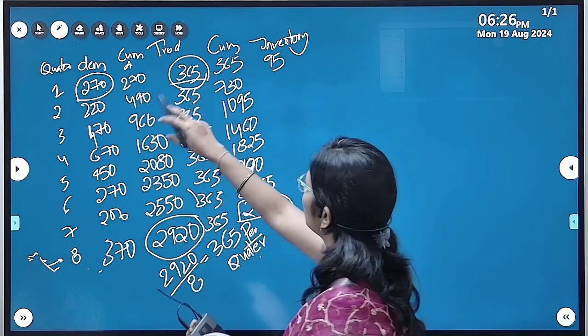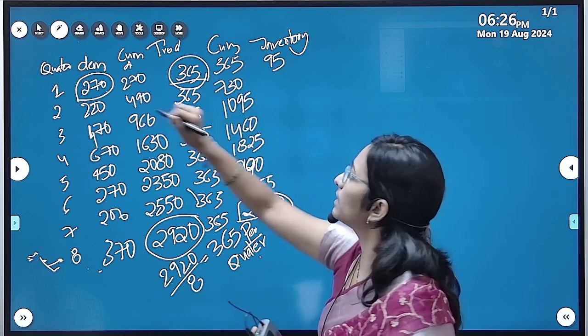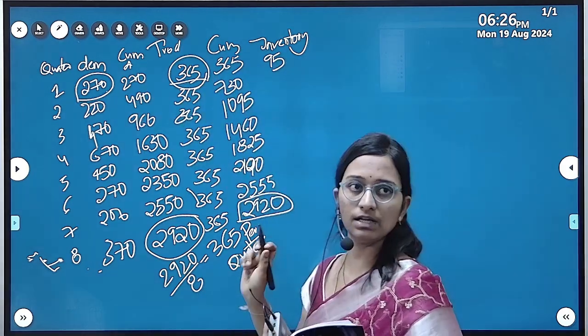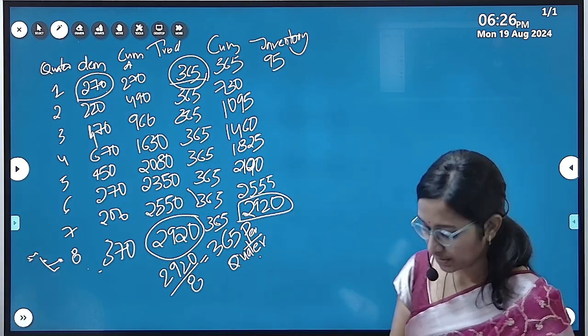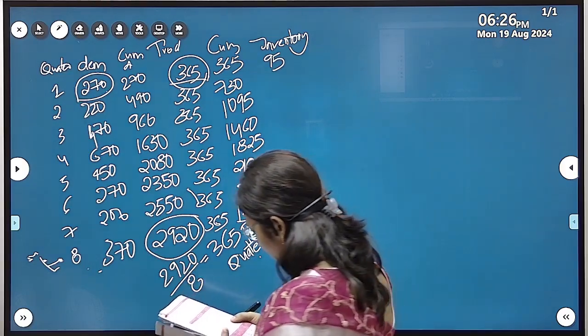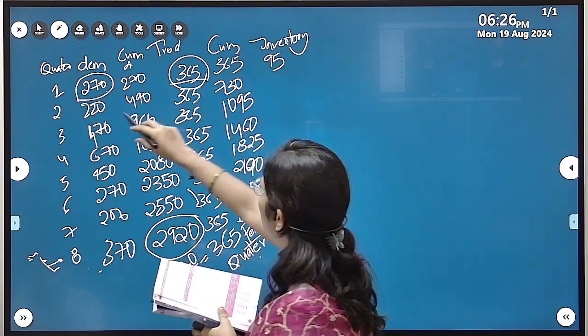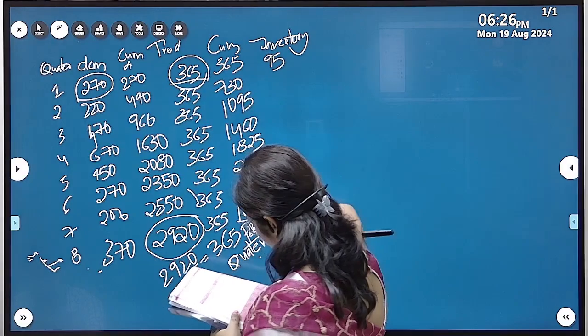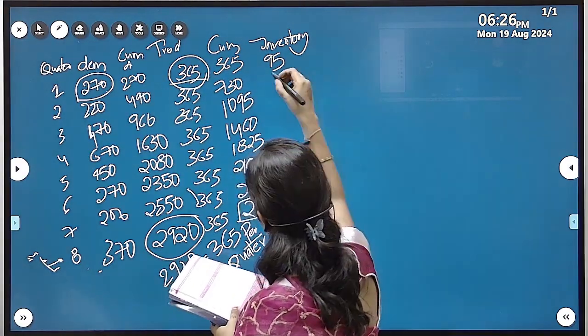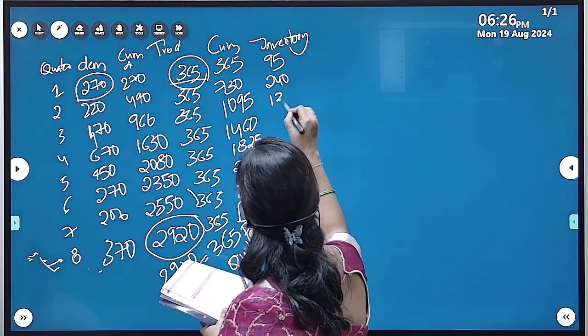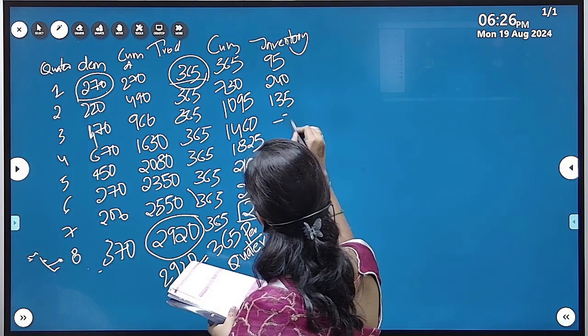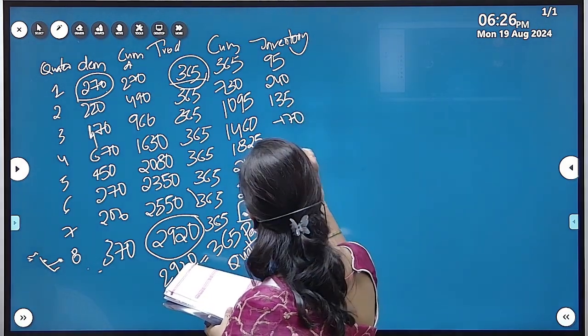So the remaining difference between 365 and 270, which is 95, will be the inventory of that quarter. Next, tell me 365 minus 220. 145. So online people, is that clear? Yes, ma'am. Understood, right?